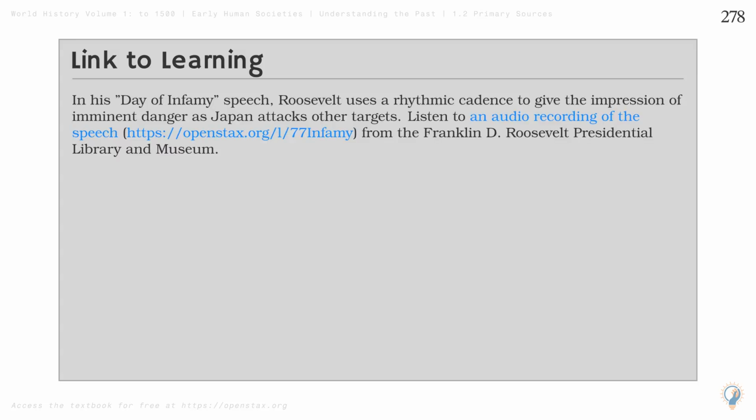In his Day of Infamy speech, Roosevelt uses a rhythmic cadence to give the impression of imminent danger as Japan attacks other targets. Listen to an audio recording of the speech, https://openstacks.org/L/77infamy, from the Franklin D. Roosevelt Presidential Library and Museum.